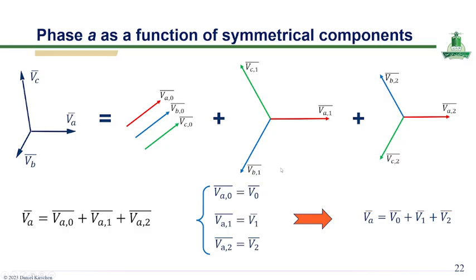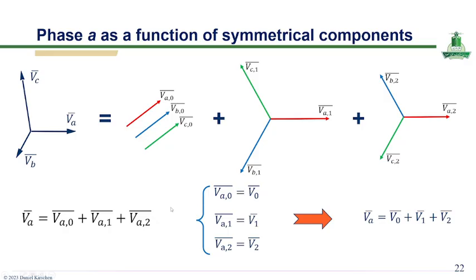So in this unbalanced three-phase system, any phase quantity can be decomposed into three balanced sets: zero sequence, positive sequence, and negative sequence components. As shown in this slide, the original unbalanced phasor is reconstructed by summing all of these three components. Mathematically, the phase A voltage is given by the sum of its components.